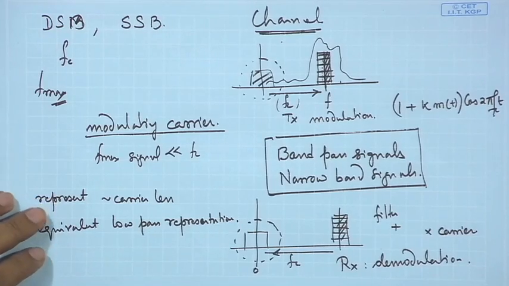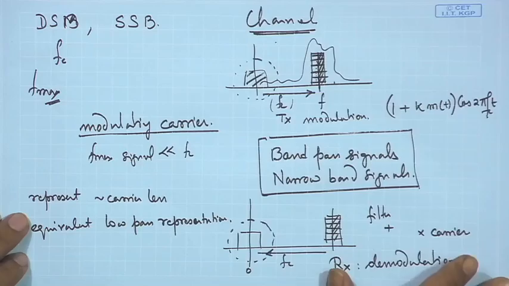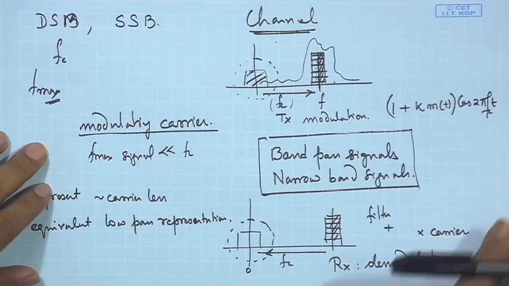Now, we will use the relationships that we have derived in the previous lecture to look at signals that we are going to encounter for proper representation of signals for digital communication systems.